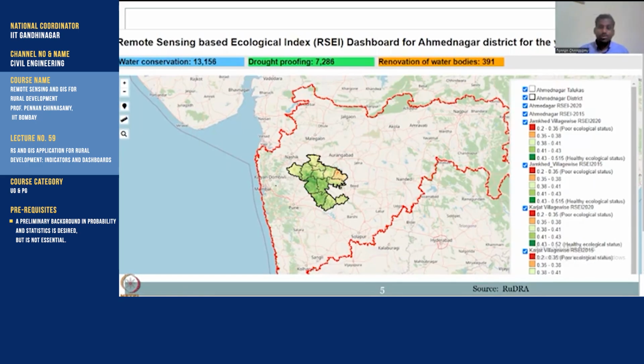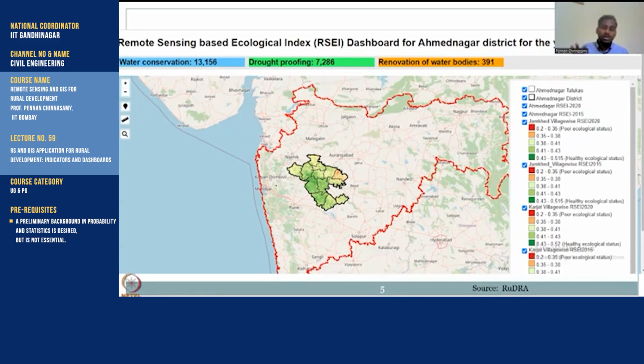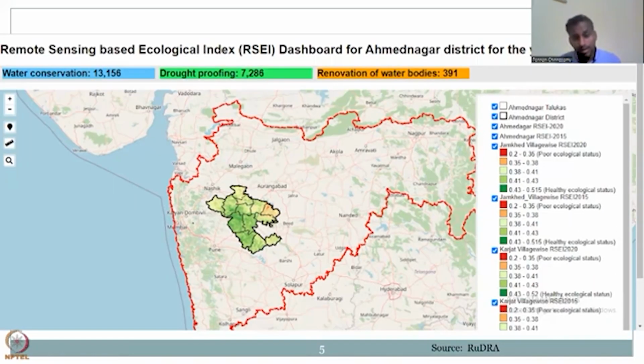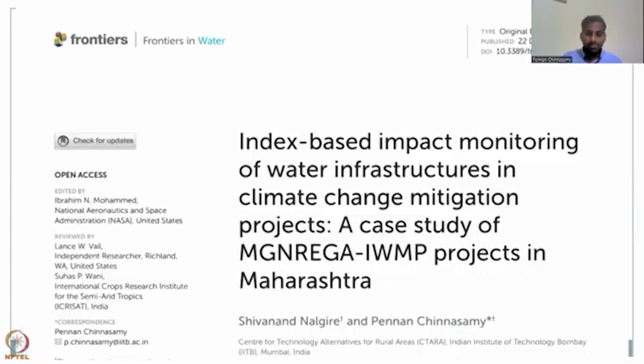So there is a dashboard that we created under the Rudra lab, where we could see multiple indicators that can be helpful for looking at the impact of the work done through MGNREGA and then IWMP.